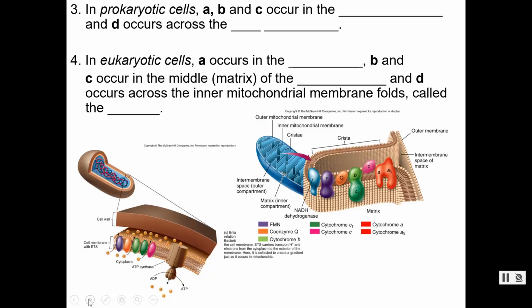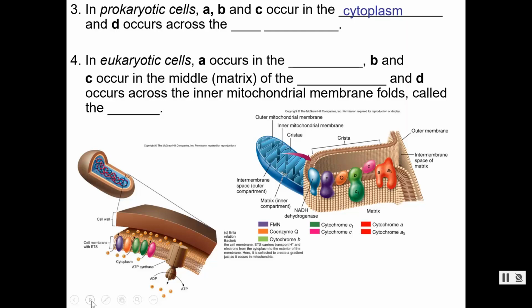Okay, just to help you put down layers, because you've learned some of this in the past: in a prokaryotic cell, the first three stages, glycolysis, did you write them down? Glycolysis, the prep steps, and then the Krebs cycle have to occur in the cytoplasm. They don't need a cell membrane for any of that, and there's no place else in a prokaryotic cell for these things to happen.